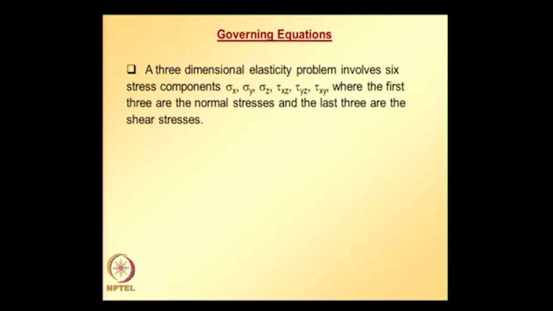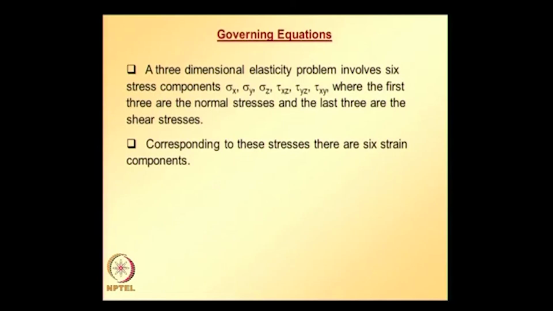A three-dimensional elasticity problem involves 6 stress components: sigma x, sigma y, sigma z, tau xz, tau yz, tau xy, where the first 3 components, that is sigma x, sigma y, sigma z, are normal stresses, and tau xz, tau yz, tau xy are shear stresses.